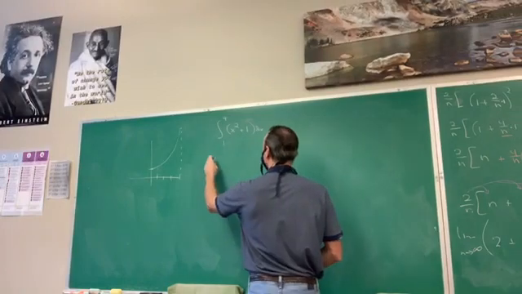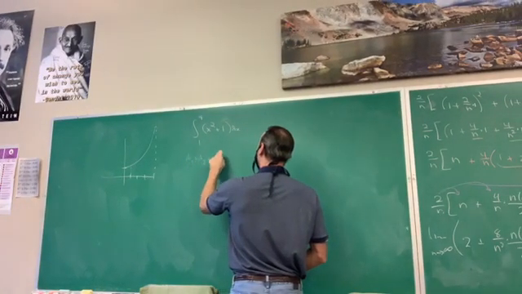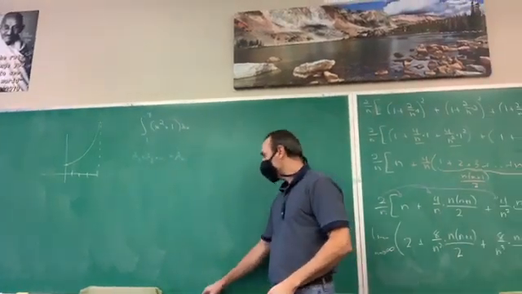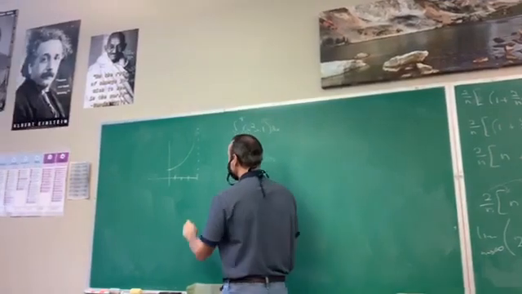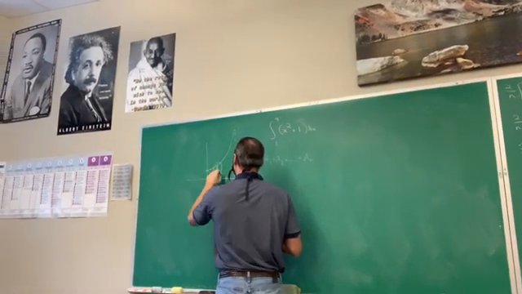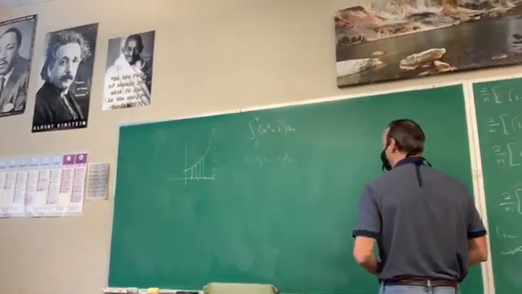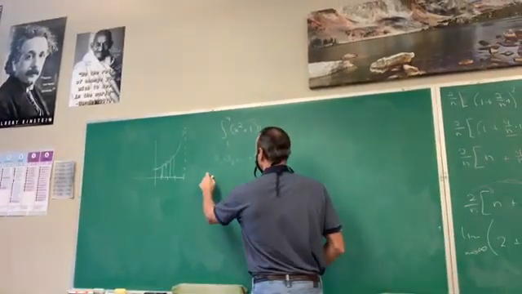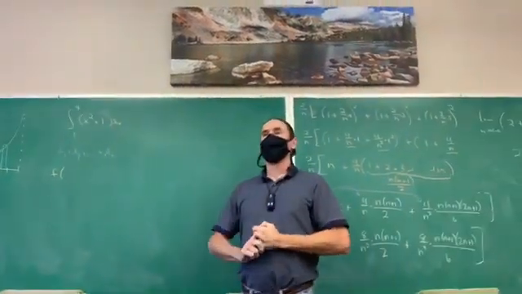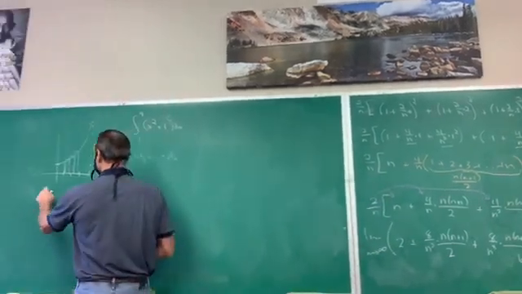One of the hard parts. What's our delta x going to be on this one? 3 over n. Nice.